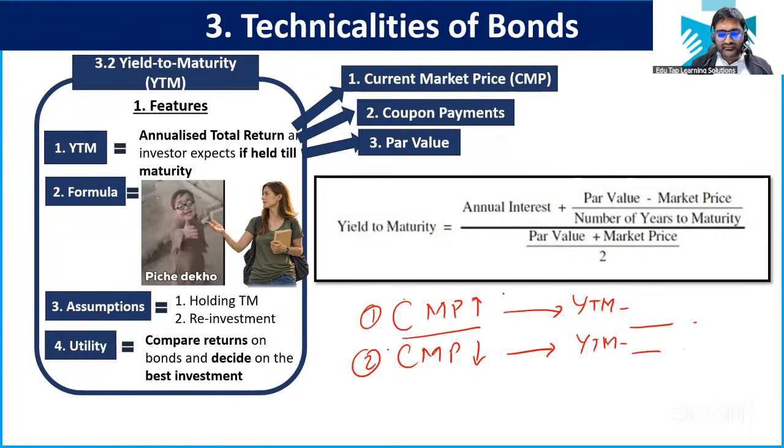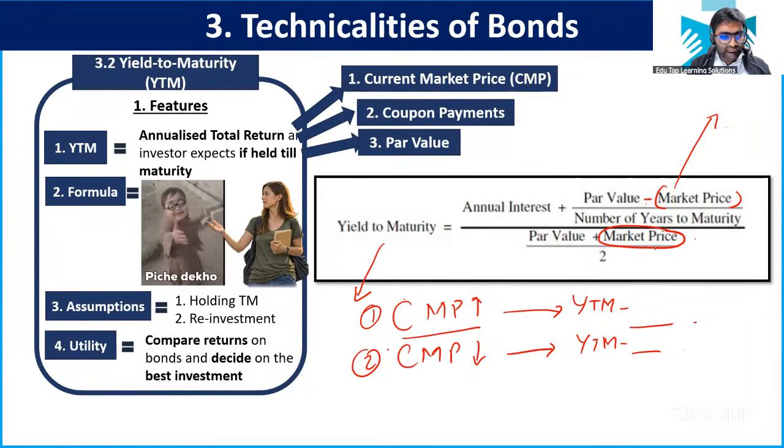Current market price increases. See, in the formula, where do you have the current market price? We have it in the denominator firstly. In the numerator also. Sir, will it increase or decrease? In the numerator also we have it, but we have a negative sign in front of it. So because of the negative sign, if the current market price increases, the yield to maturity will decrease.